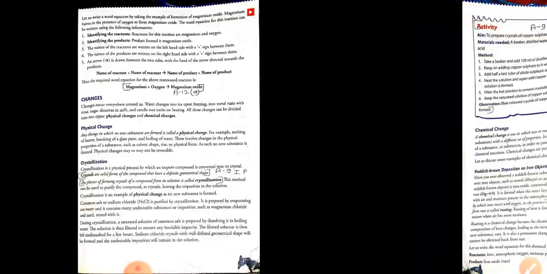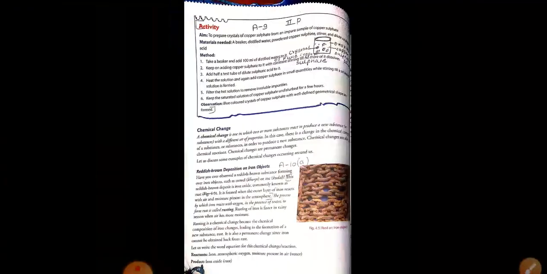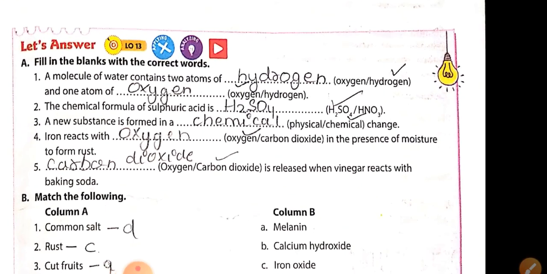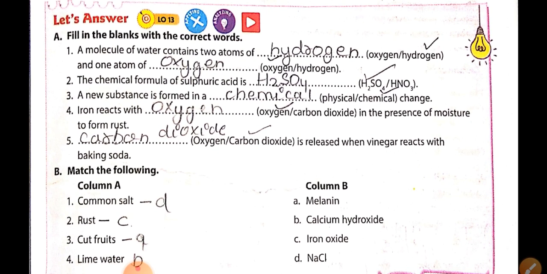Next, a molecule of water contains 2 atoms of hydrogen and 1 atom of oxygen. The chemical formula for sulfuric acid is H2SO4. A new substance is formed in a chemical change.